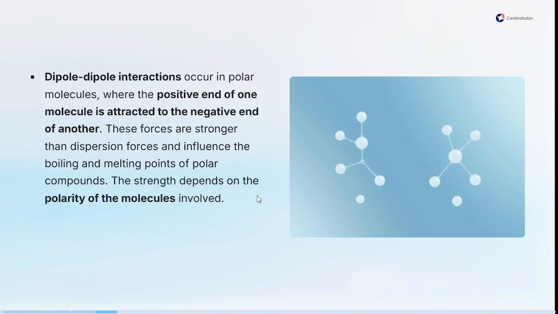When one molecule has a positive end and another molecule has a negative end, their positive and negative ends tend to attract each other, and this attraction leads to the creation of dipole-dipole interactive force.